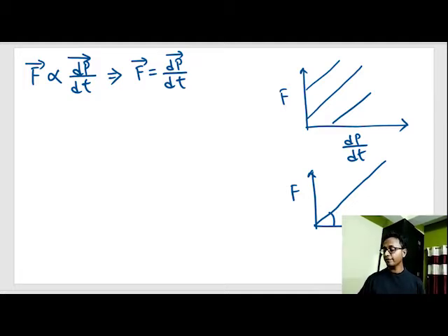F equals dp by dt means this straight line passes through the origin, and the angle between the line and the axis is 45 degrees.